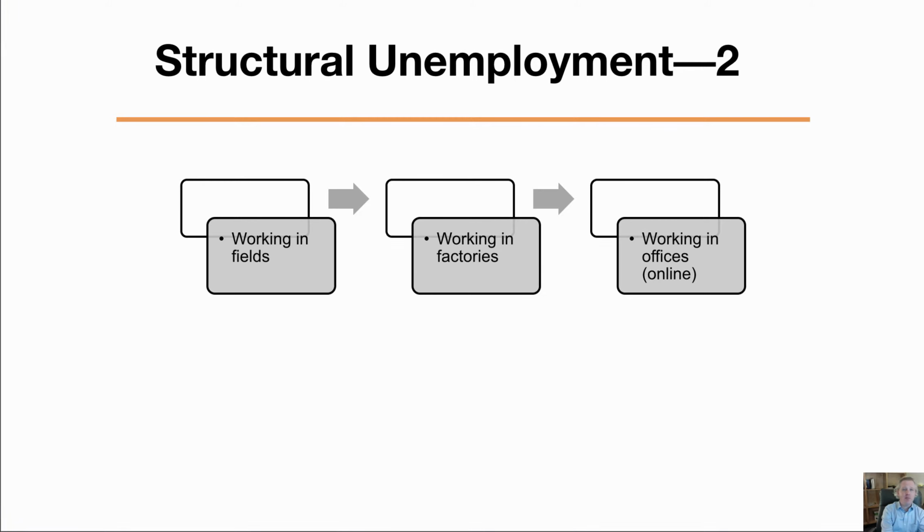So over the course of most developing economies, you start out with people working primarily in agricultural industries. Then those economies move to where people are working in manufacturing, working in factories, and then ultimately we end up with people working in offices or working online.